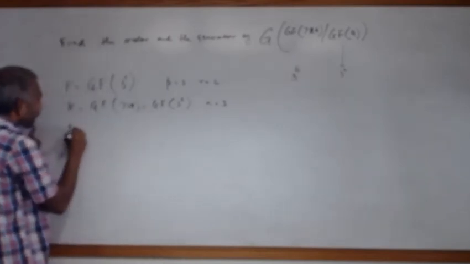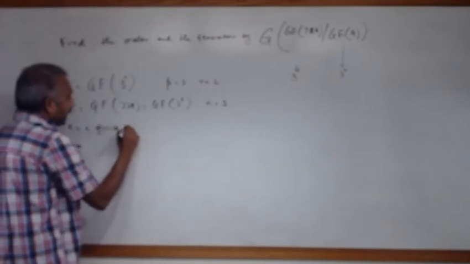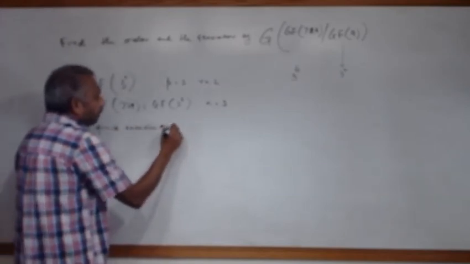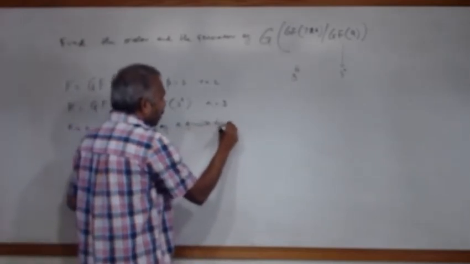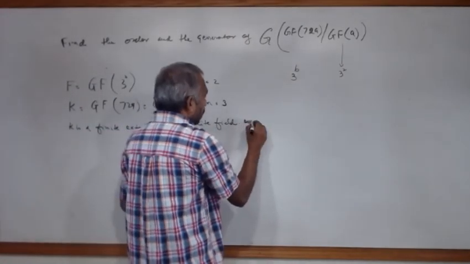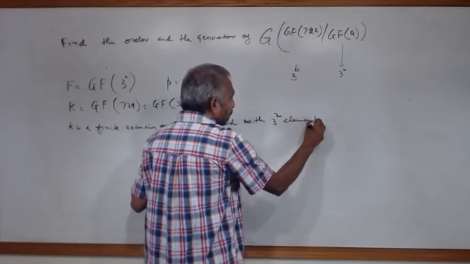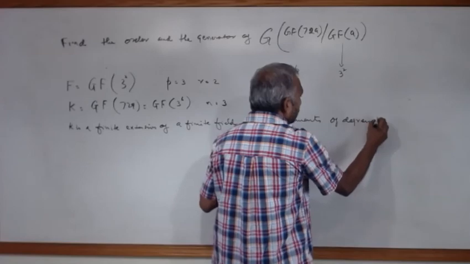So K is a finite extension of a finite field with 3 square elements of degree 3.